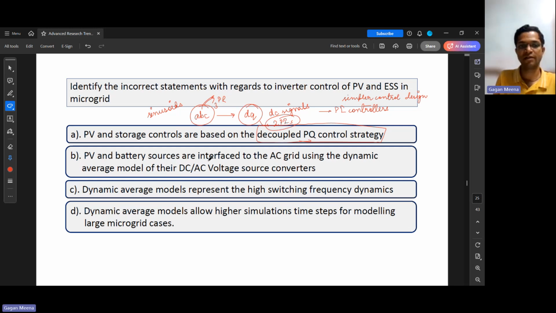Then, PV and battery sources are interfaced to the AC grid using dynamic average model of their DC-AC voltage source converters. Yes. Why do we need that?